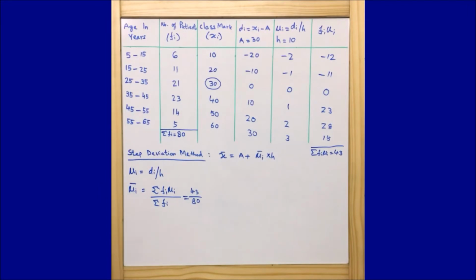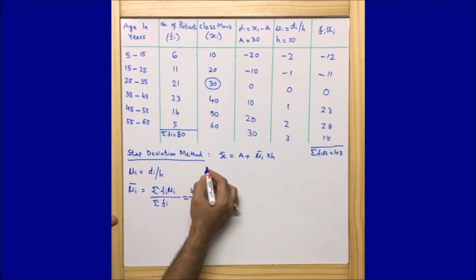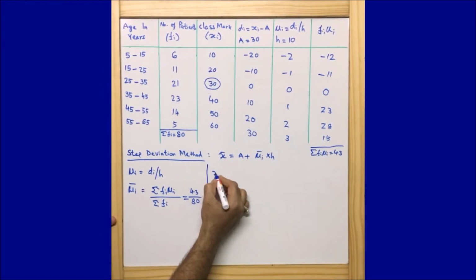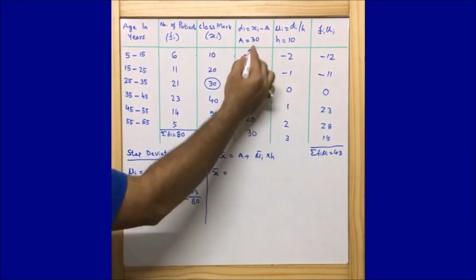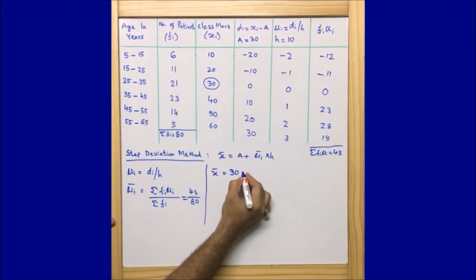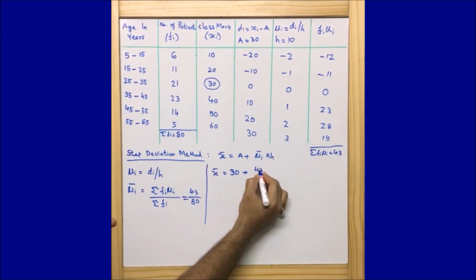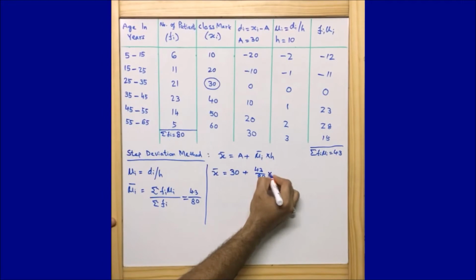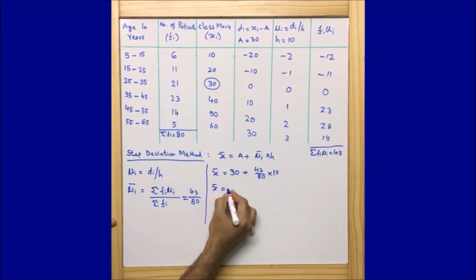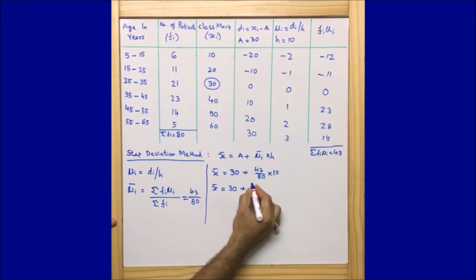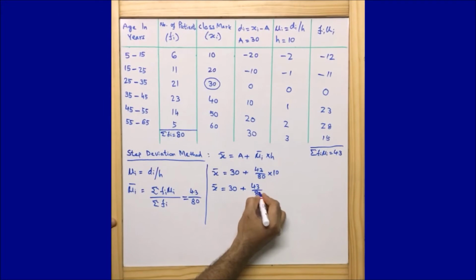Now let us put this value in this formula and find out the mean. Mean is equal to A, which is 30, plus the mean of ui, which is 43 by 80, into class height, which is 10. So this 0 will eliminate. We are left with mean is equal to 30 plus 43 by 8.